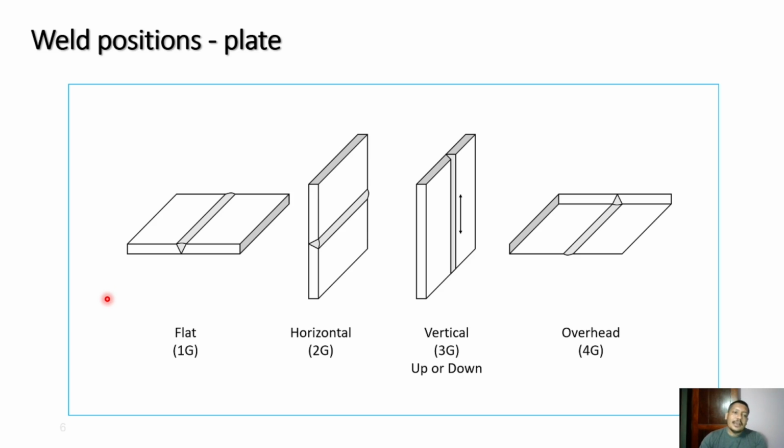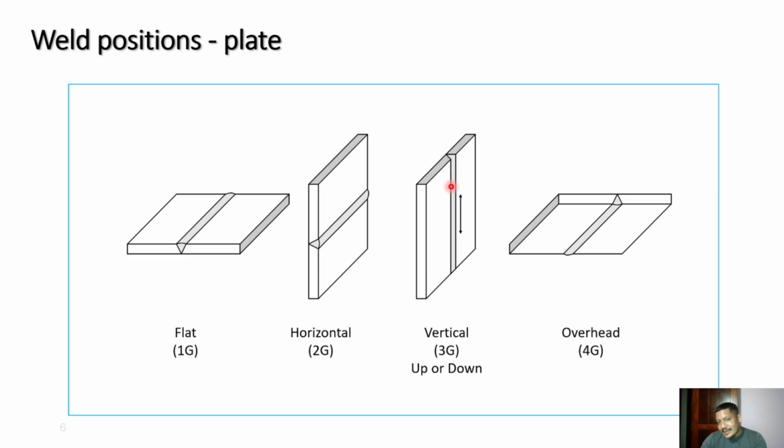There are some standards available. If it is a flat surface like this and you are welding on a plate, the standard term is 1G. If you see 1G on any drawing, you have to understand that the weld is performed on a flat surface like this. If the welding is done on a horizontal surface like this, we call that 2G.